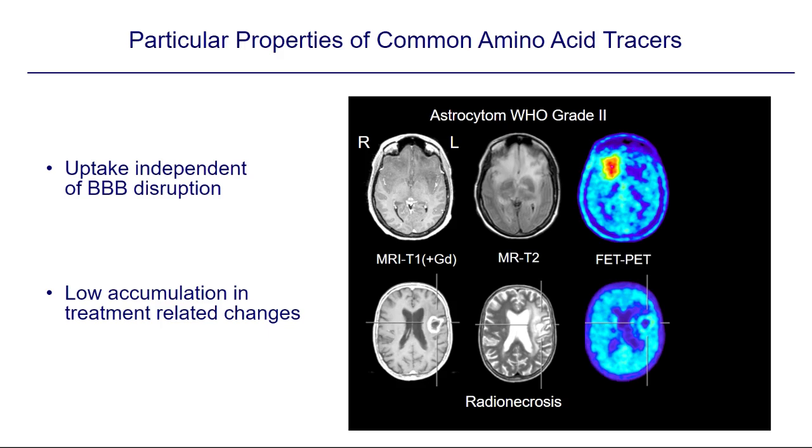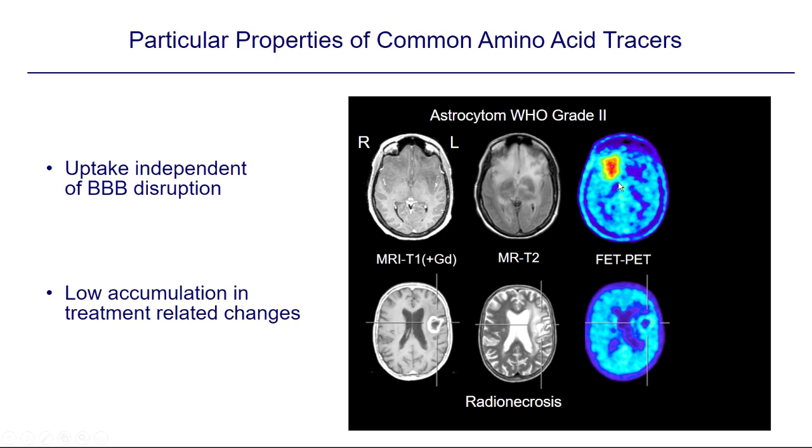A frequently asked question is whether the increased tracer accumulation of amino acids is caused by a disruption of the blood-brain barrier. The upper row shows a patient with MR abnormalities in the frontobasal brain, but no contrast enhancement. FET PET depicts a brain tumor in the right hemisphere, which cannot be delineated on MRI.